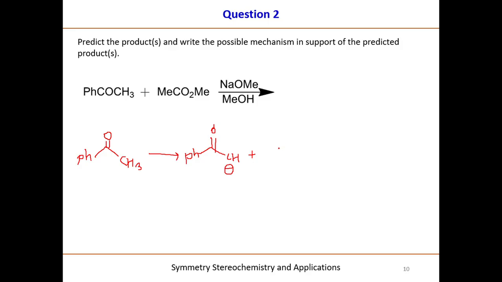So I am writing here the ester carbonyl carbon also. Here C double bond O, methyl, OMe, correct. So it will attack on this carbonyl carbon atom and it will open up like this.